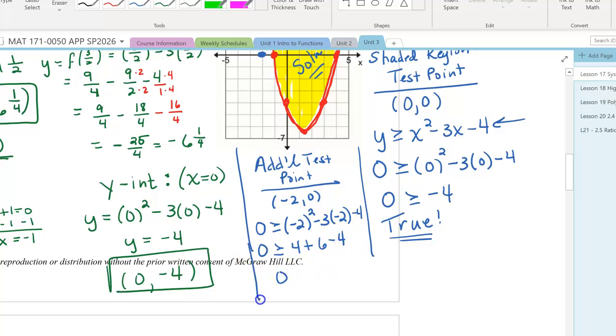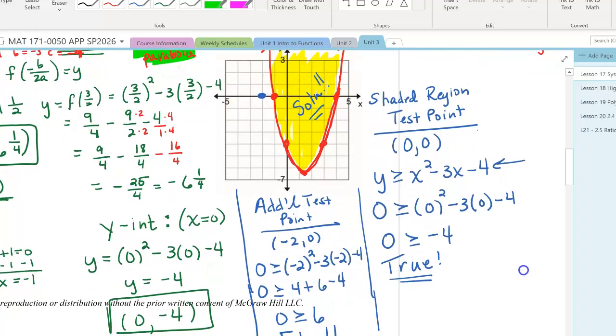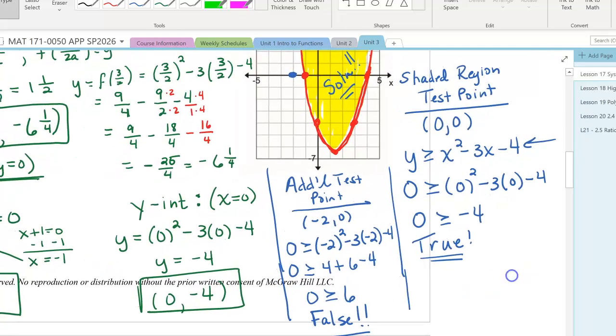So that's going to be 0 is greater than or equal to 6. Well, that is false. And that's what we would expect to happen if we pick a point that does not lie in the shaded region. So that's just more confirmation that we worked the problem correctly.